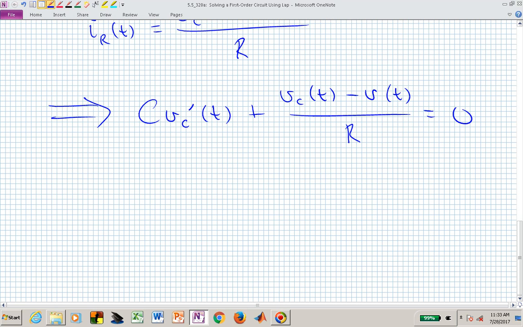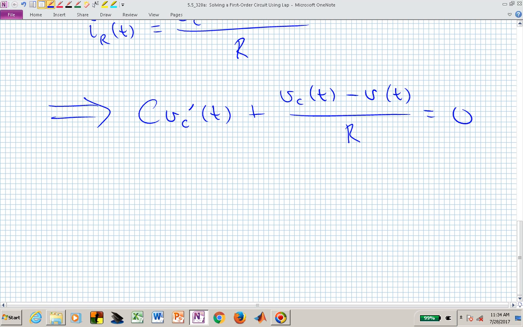If I multiply, or I should say, let me isolate V sub C prime, or make its coefficient 1, or create what will eventually be a monic polynomial in s.